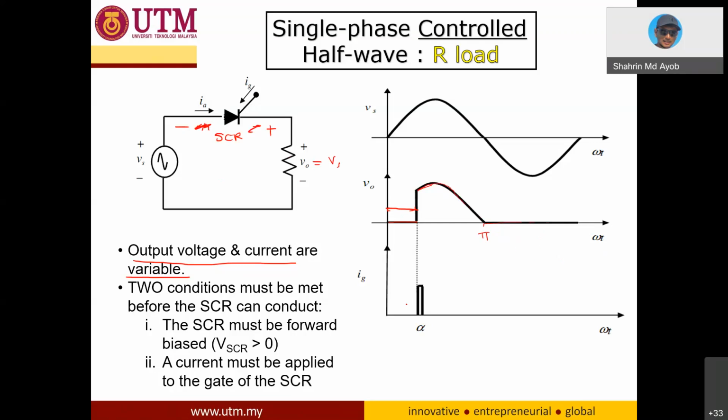This alpha, you can actually vary the location of the alpha. Depending on the value of alpha, you will have a different shape of V out.